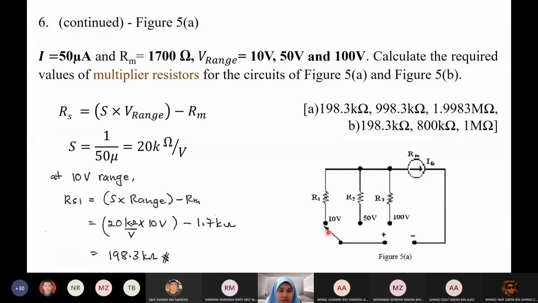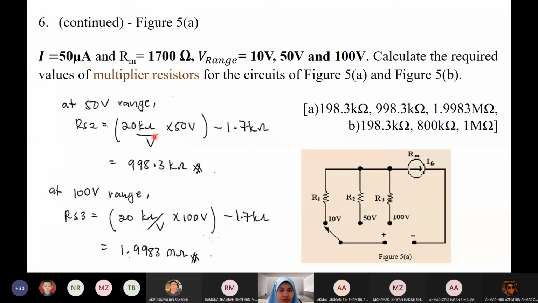At 10 volt range, RS1 or R1 is equal to S × V range minus Rm. S is equal to 20K as we calculated before, multiplied with the voltage range 10, minus Rm which is 1.7K. We get 198.3K ohm. So here is R1 or RS1.